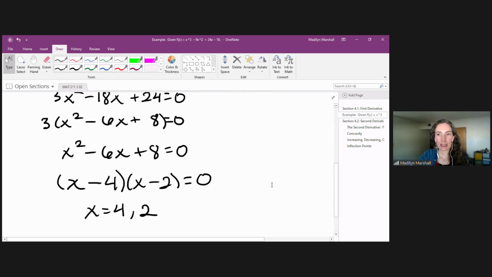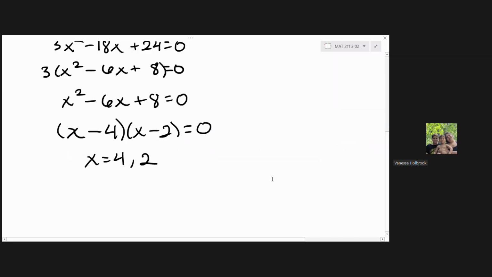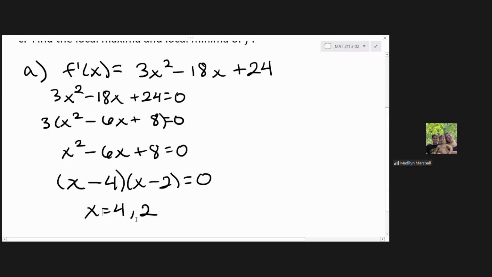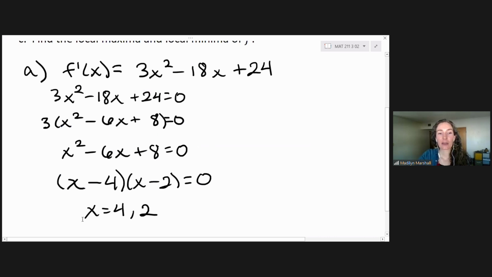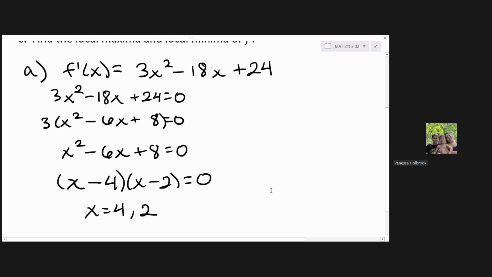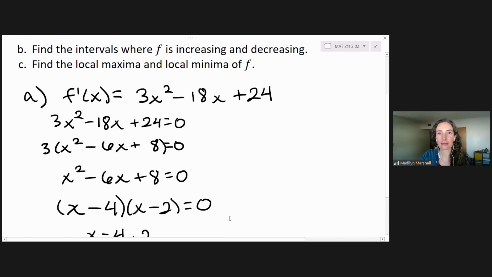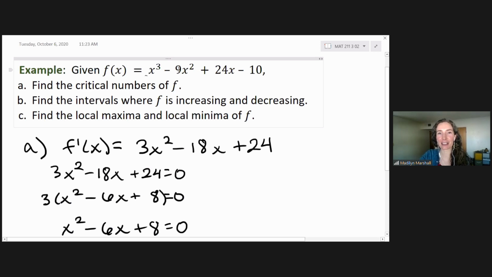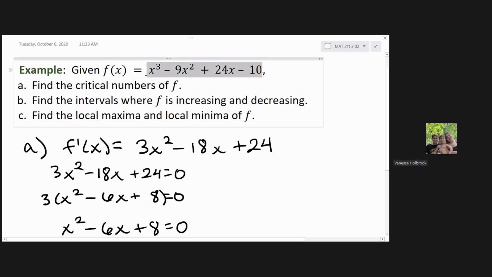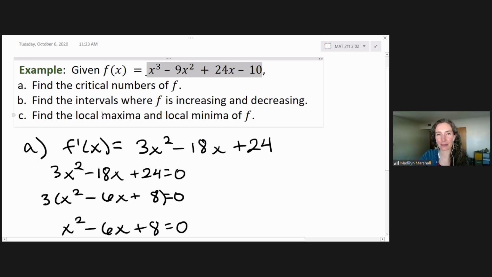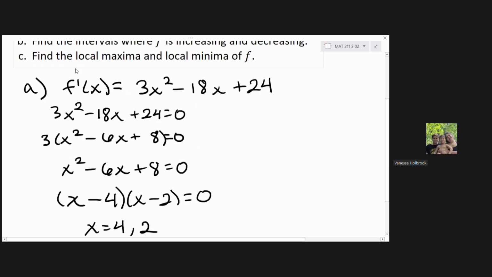The one thing we have to be careful of, and in polynomials this is not as much of a worry, but we should get in the habit of checking, is that once we set that to 0 and solve, these are only critical numbers if they are in the domain of our original function. And they are, because our original function has a domain of all real numbers. So we're safe. When we do more complicated functions, that's something we need to be careful of.